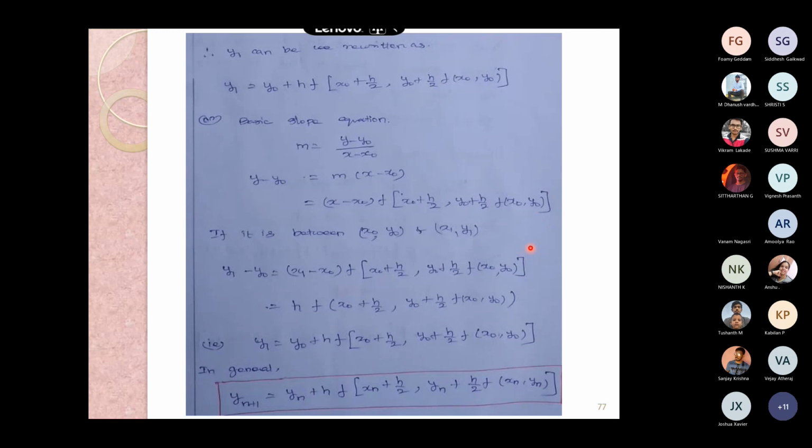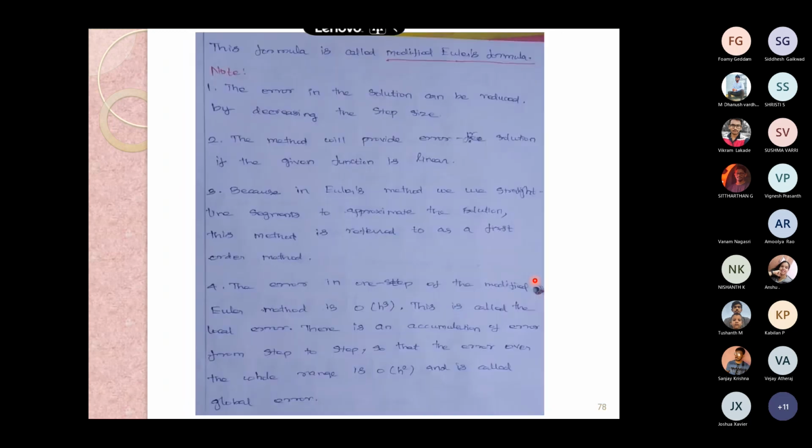This is the formula, and when it is a generalized form, we need to use some other notation, which is written with n. This is about the modified Euler method.